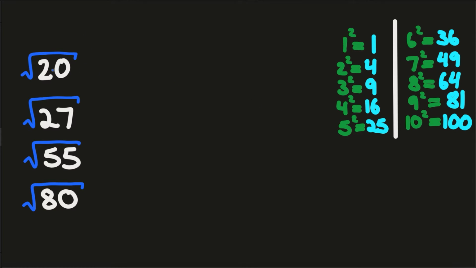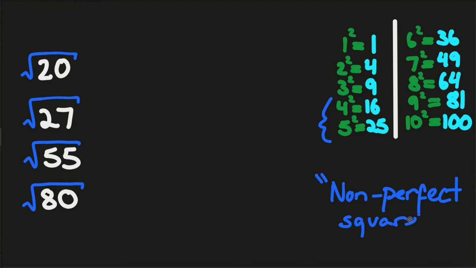So the square root of 20 lies somewhere in between these two numbers. So we can call this a non-perfect square, because its side length is not going to be an integer value. It's not going to be a whole nice number like this.